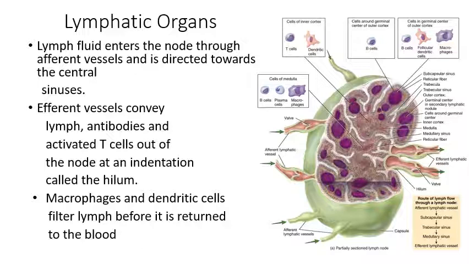While that fluid is in that lymph node, though, we've got a whole bunch of macrophages and dendritic cells there to phagocytize anything gross that they find. Any pathogens, bacteria, viruses, or debris will get phagocytized by those macrophages or dendritic cells at this point. We also find B cells and T cells here. So your lymphocytes are also found in these lymph nodes.